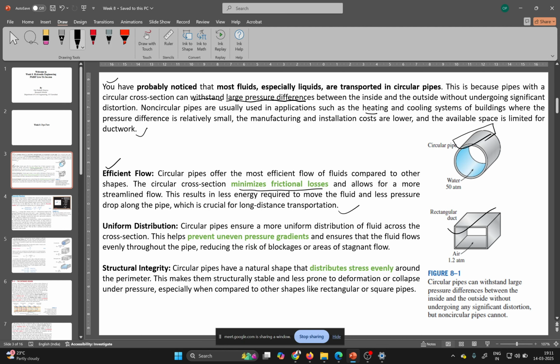I have written it in a very simple way here. One point is this efficient flow. Another is uniform distribution.